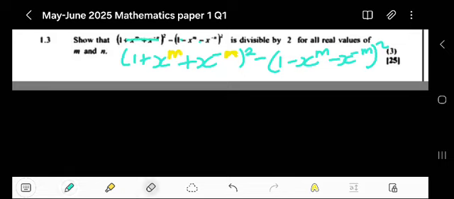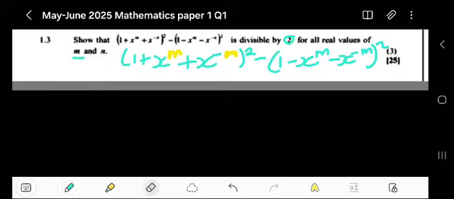According to my analysis of mathematics, that thing is a difference of 2 squares. As you can see, we have squares there, we have negatives there. So this is divisible by 2 for all real values of m and n.